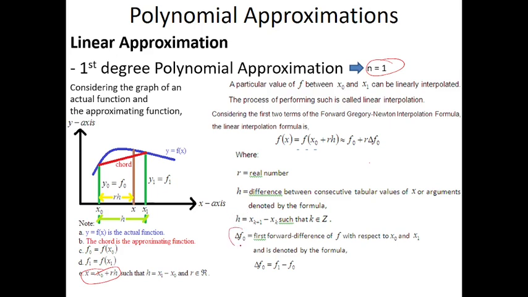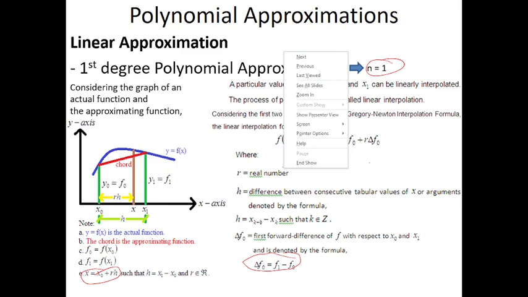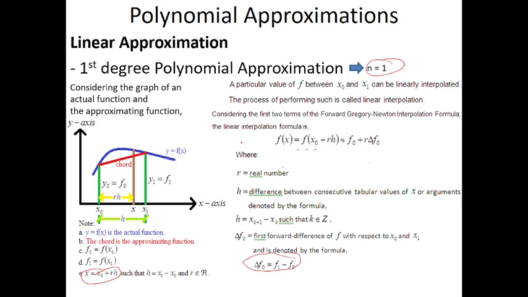Then we have delta f sub 0. The interpretation of this is the first forward difference of f with respect to x sub 0 and x sub 1, because by formula, delta f sub 0 is f sub 1 minus f sub 0. I have already discussed this in my previous video recordings.